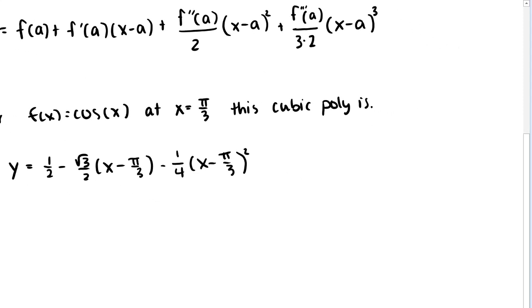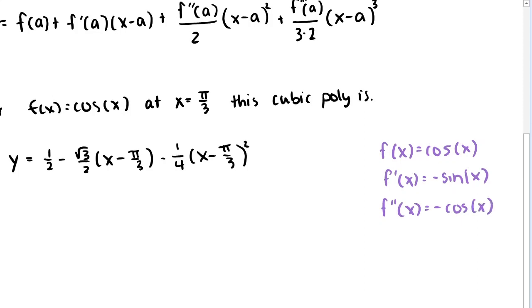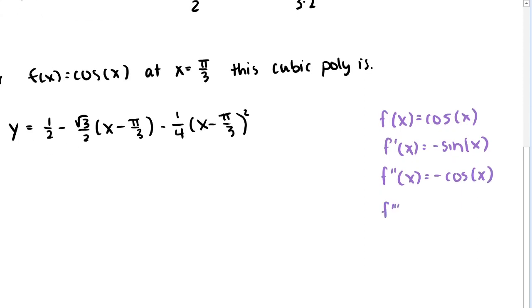And so here, let's, off to the side, evaluate f triple prime of x. So here, maybe I'll rewrite this all the way out. f of x is equal to cosine of x, f prime of x, that's negative sine of x, f double prime of x, this is negative cosine of x, and then f triple prime of x, well, this is just positive sine of x now.